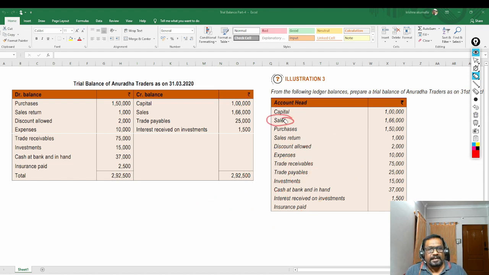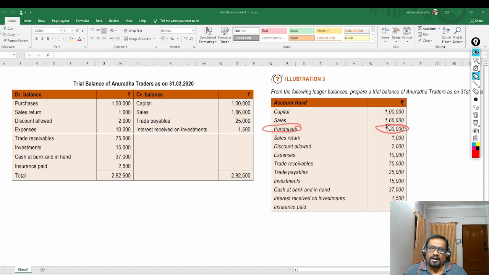Sales. Sales is an income. All incomes and gains are supposed to be credited as per nominal account rules. So the sales account shows credit in the trial balance. Then purchases. Purchases is an expenditure.